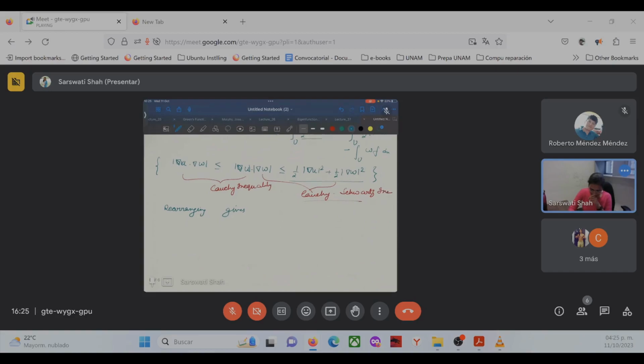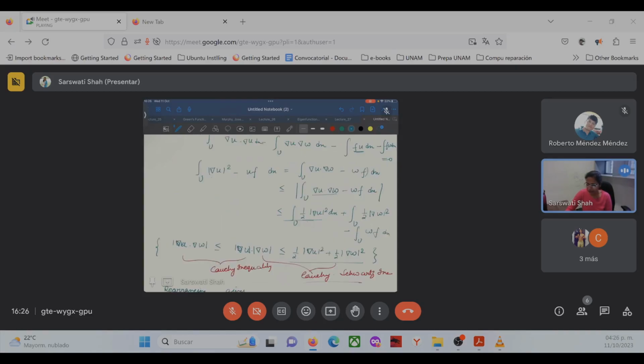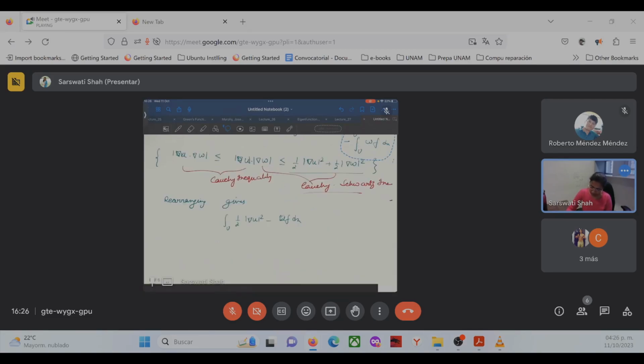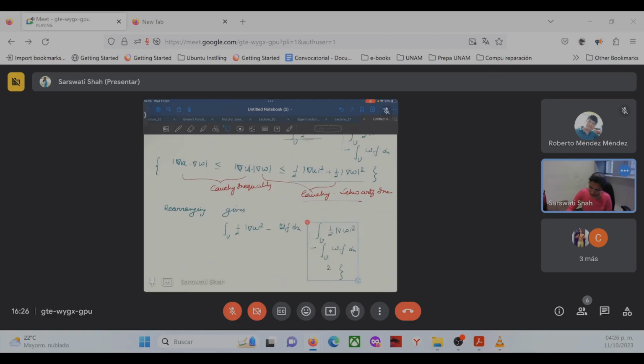So this will be integration of half gradient of u squared minus u f dx, and since it is subtracted from here, we will be left with only this term. Okay, so is it clear?